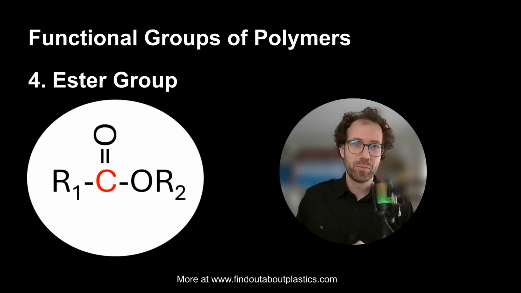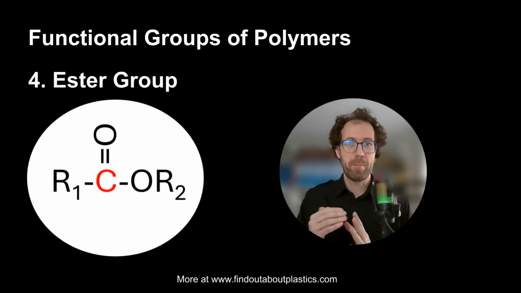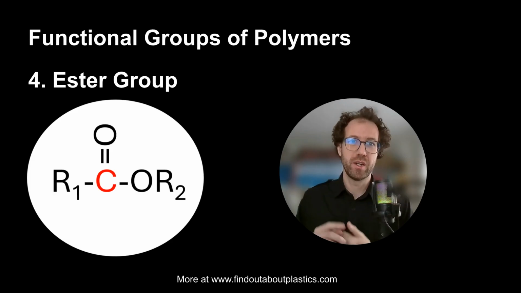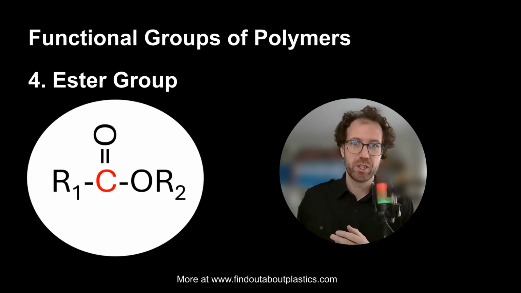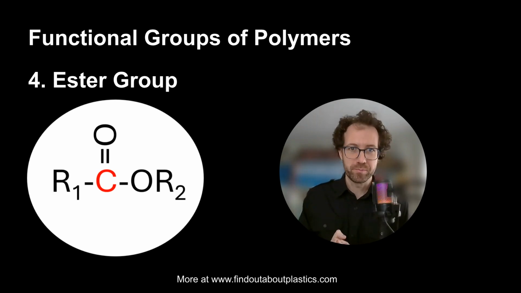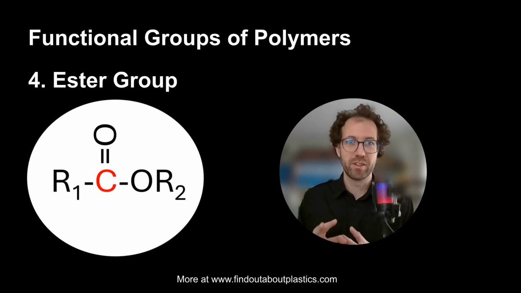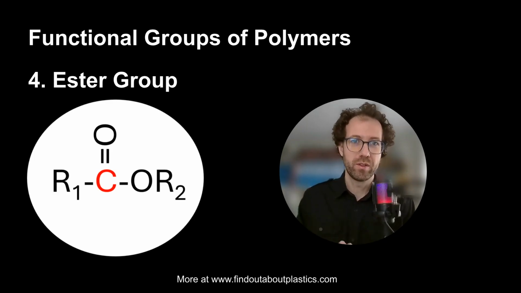Esters are a functional group characterized by a carbon bound to three other atoms: a single bond to a carbon, a double bond to an oxygen, and a single bond to an oxygen. And the single bonded oxygen is again bound to another carbon. Therefore, esters have the general form R1CO2R2, where R1 and R2 can be a variety of carbon-containing alkyl or aryl substituents.